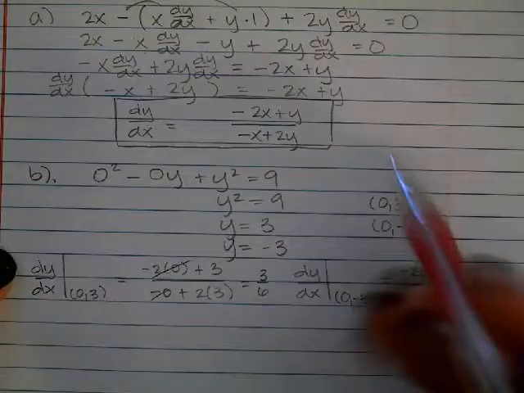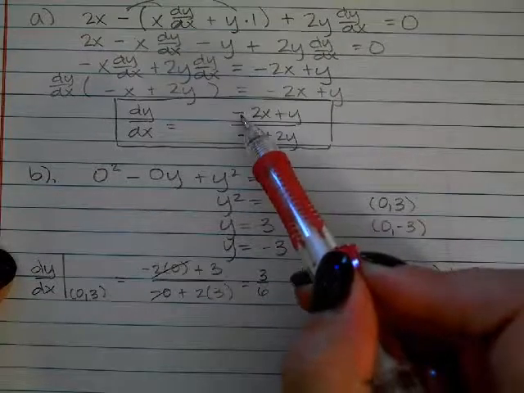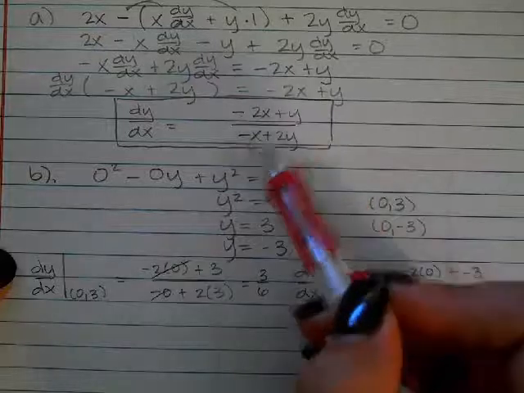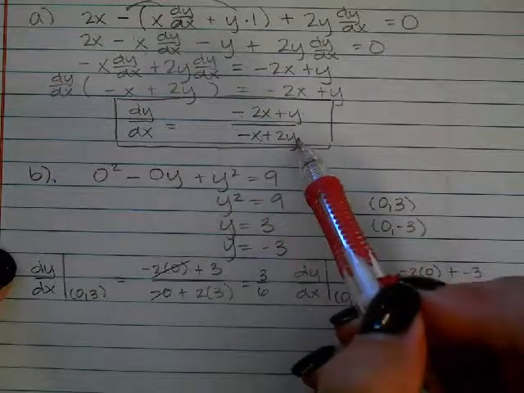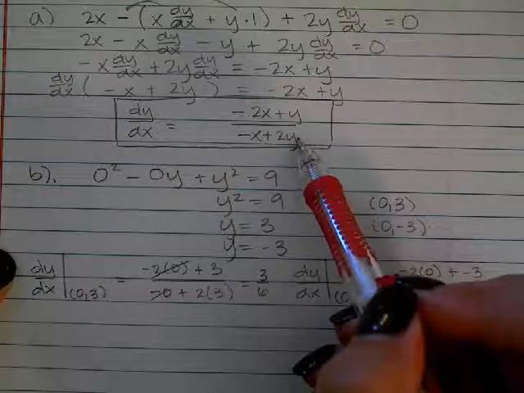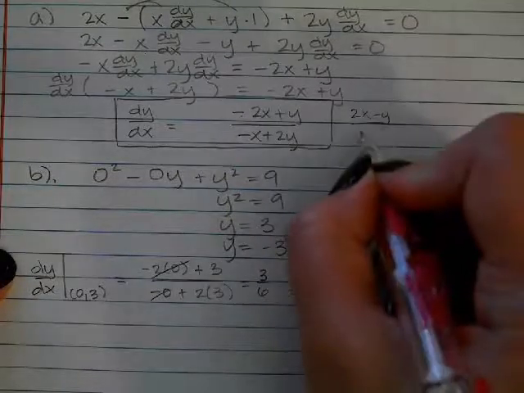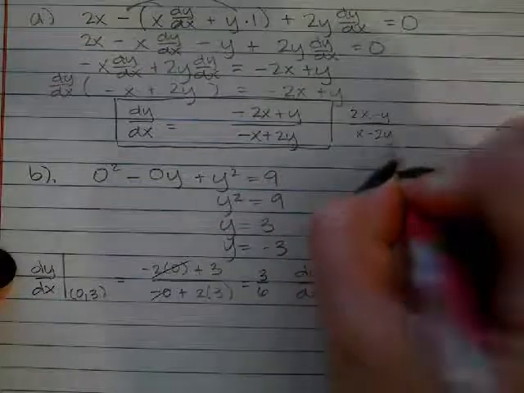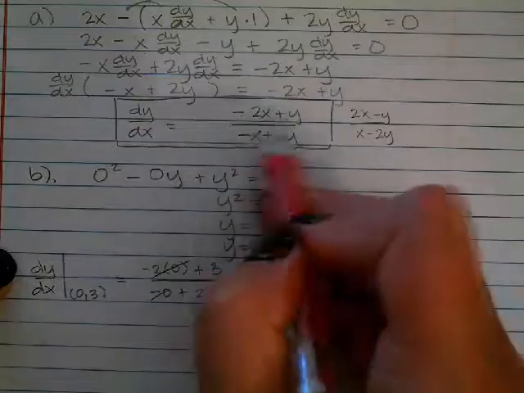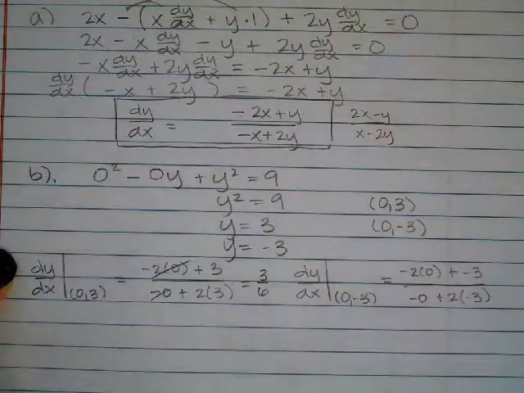Okay, if you pull out a negative, then you'd have 2x minus y, x minus 2y. If you pull out a negative, you have to pull out a negative from both pieces. You can't just pull out a negative from the first term.